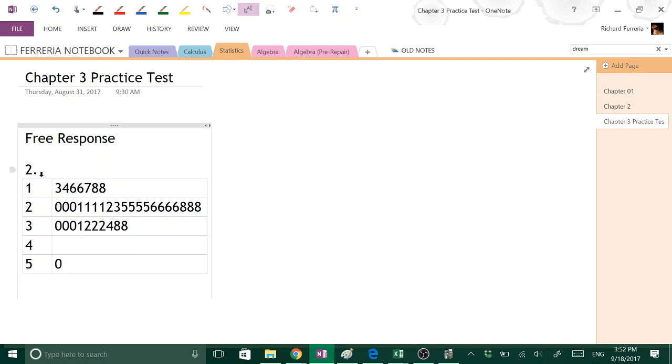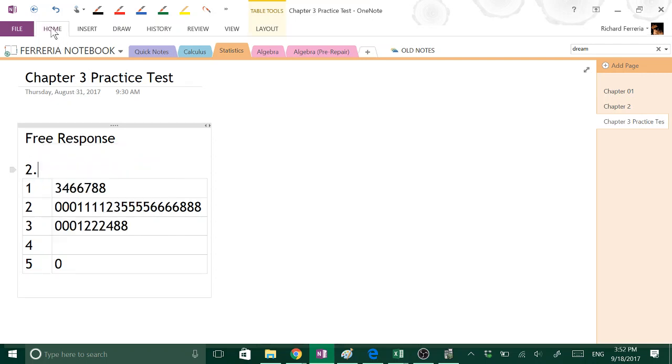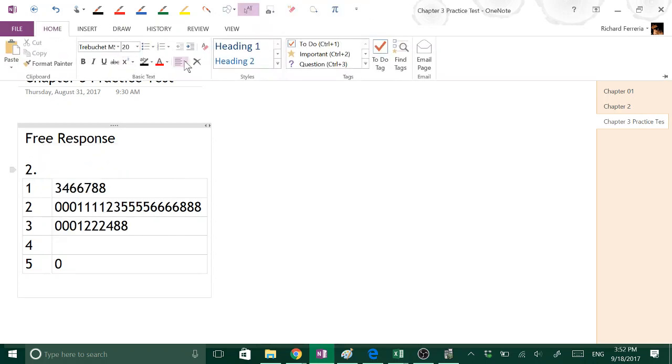Again, you're not obligated to split the stems unless you're asked specifically to do so. What would splitting the stems look like in the back of the answer key? Oh, those are splits. Okay, that's not what I meant to do.